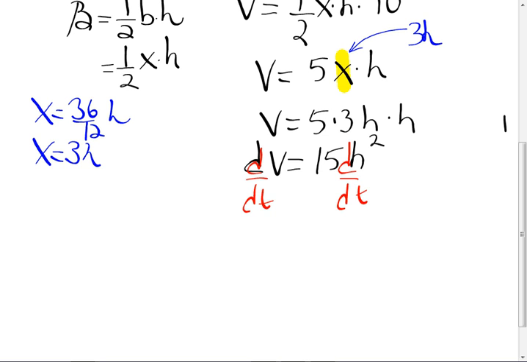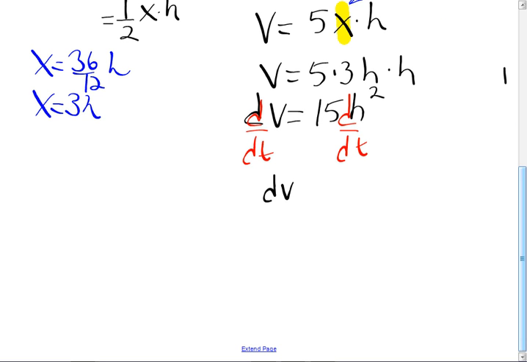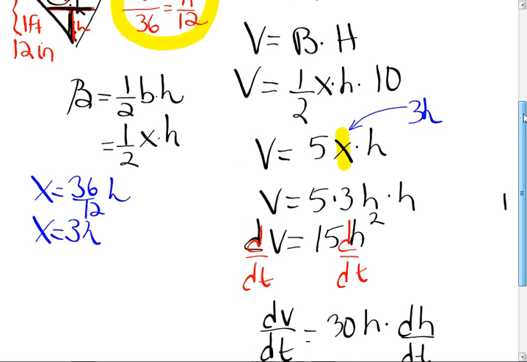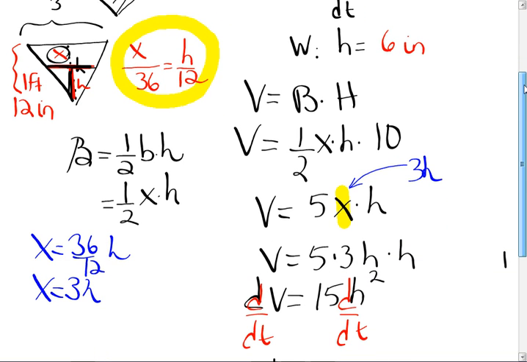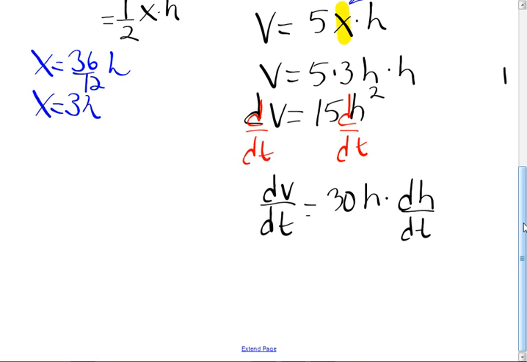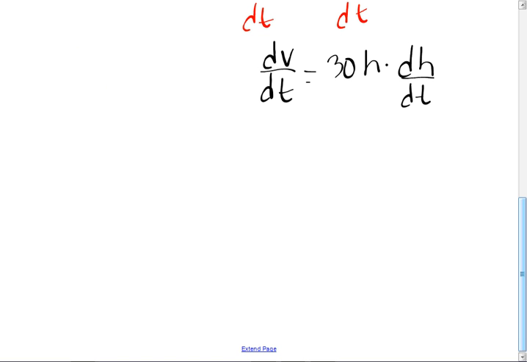Yeah, hopefully you go faster than me. So dV/dt equals 30H times what? The dH/dt. You will always get derivatives on both sides. And dV/dt, if I go back, was 12. Oh, wait, that's cubic feet. I may have to watch my units a little bit. We were in inches, weren't we? How many cubic inches in a cubic foot? This is 1 cubic foot.